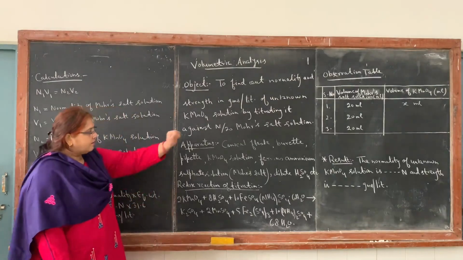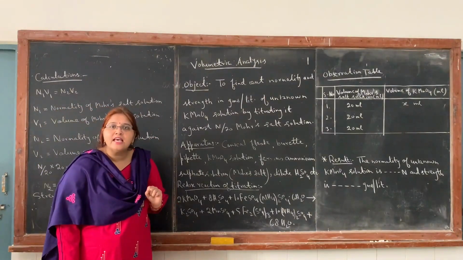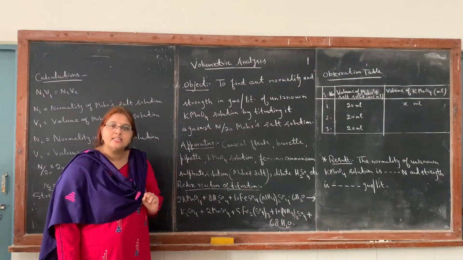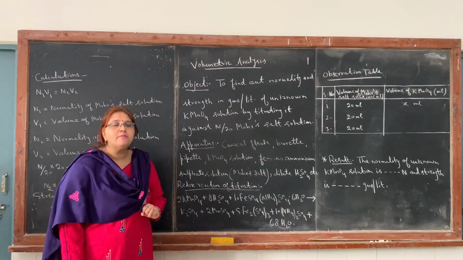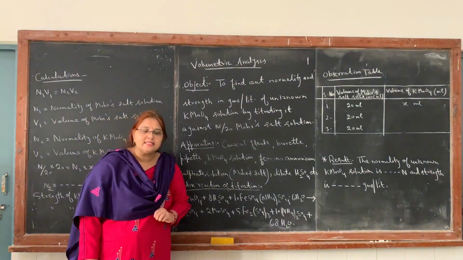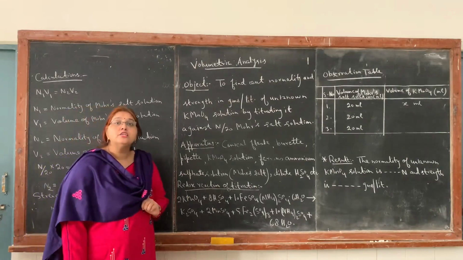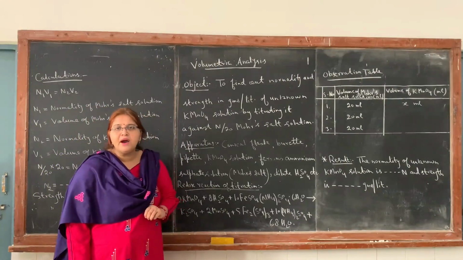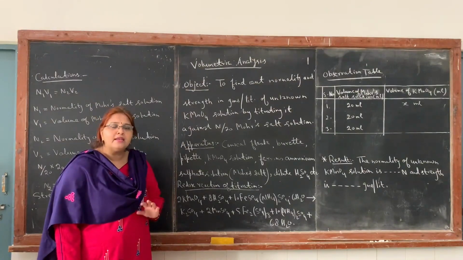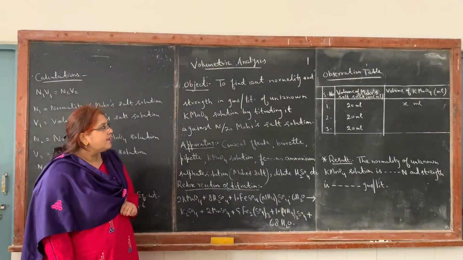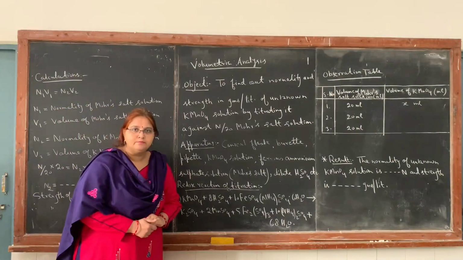KMnO4 is also acting as a self-indicator. In this experiment, we will not use any indicator because KMnO4 will act as a self-indicator. So, this titration is also known as permanganate titration.